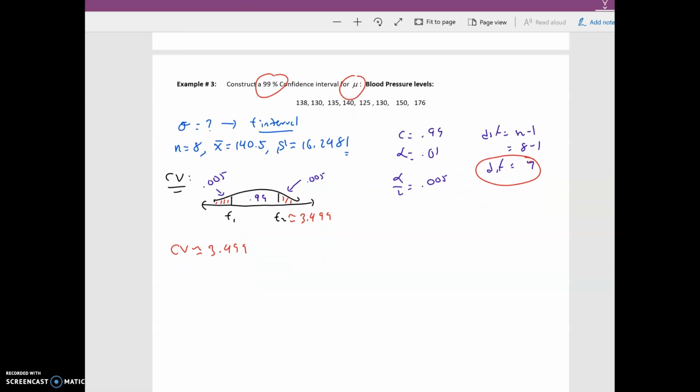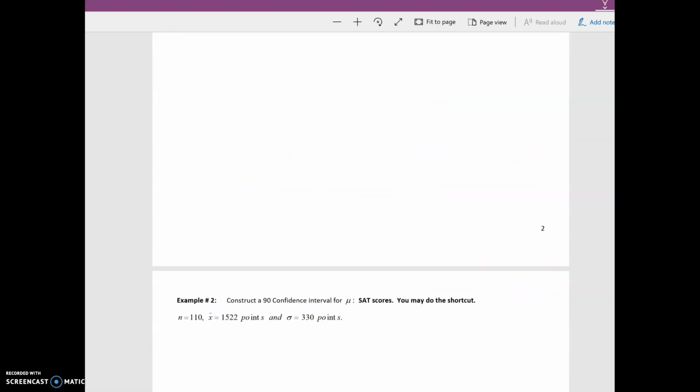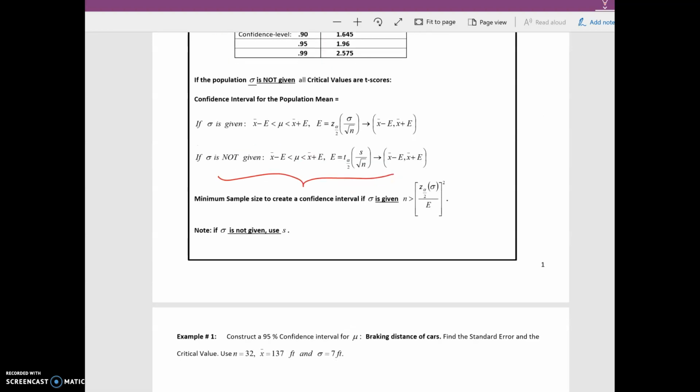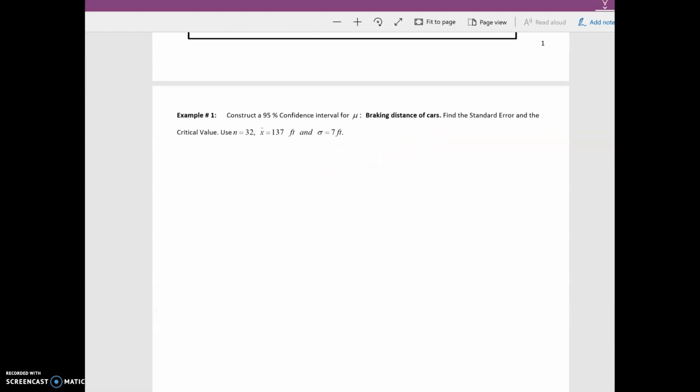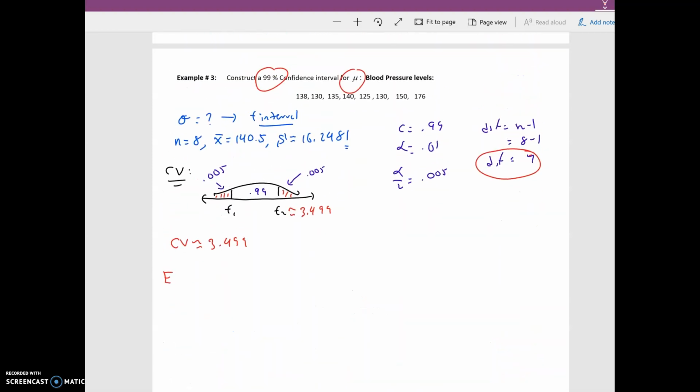Now the standard error, or E, and let me just go back to the formula. It's going to be the following formula, but with the actual standard deviation of the sample and the t-value. So the standard error happens to be the t-value of alpha times s over the square root of n.